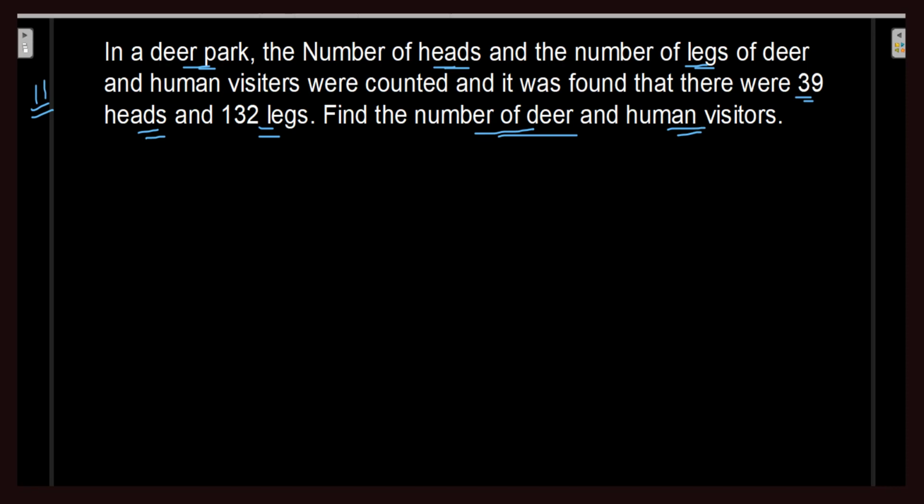So friends, here we will assume that the number of humans is equal to x, and the number of deer is y. Since the number of heads is 39, we know that a human being has one head and a deer also has one head.